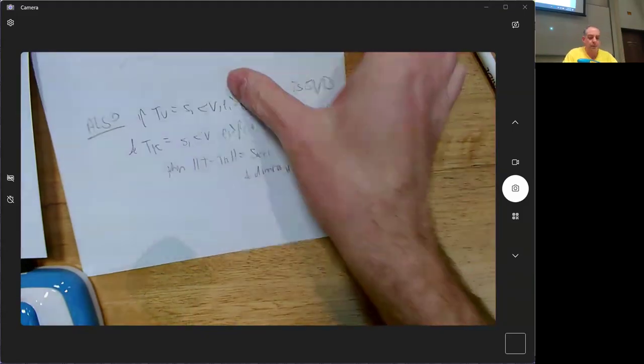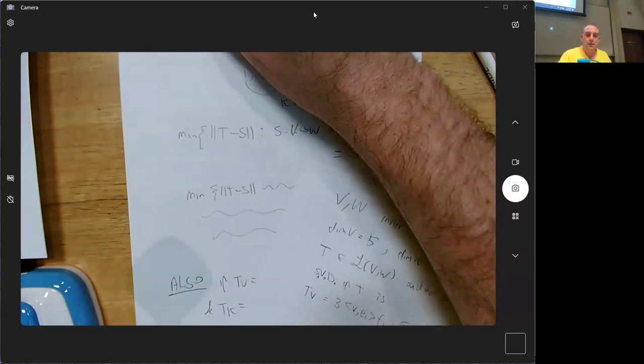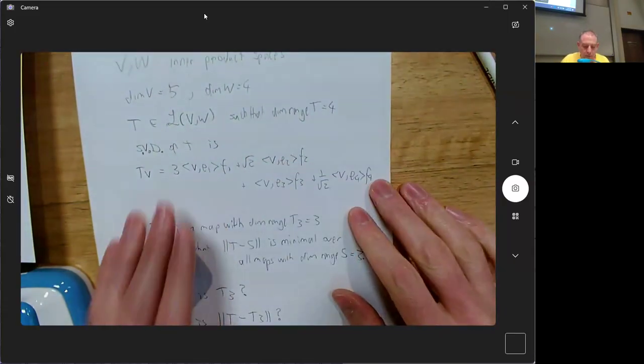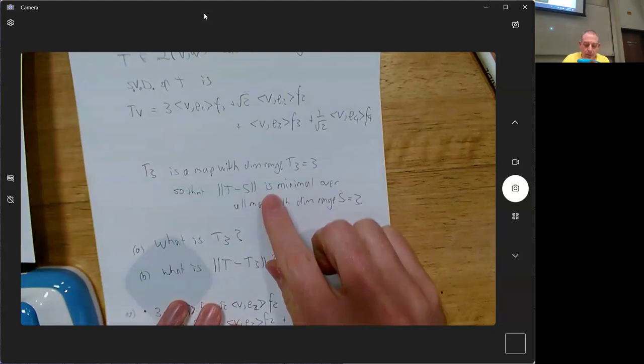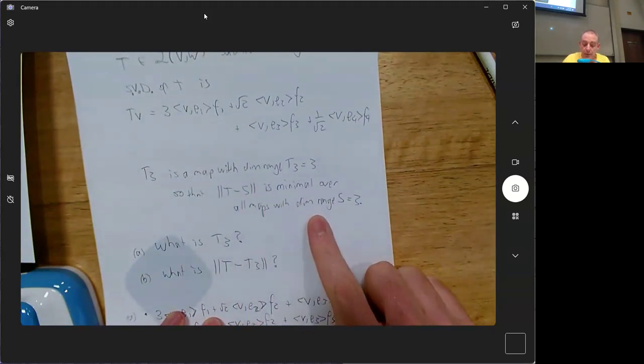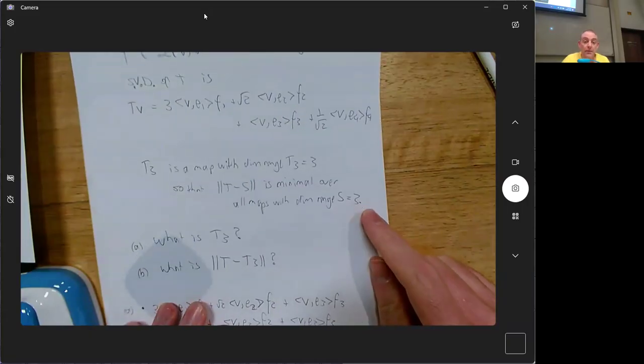Okay, so here's the question. So this is the singular value decomposition. T3 is a map, and it is minimal over all the maps with the dimension of the range of S being 3.